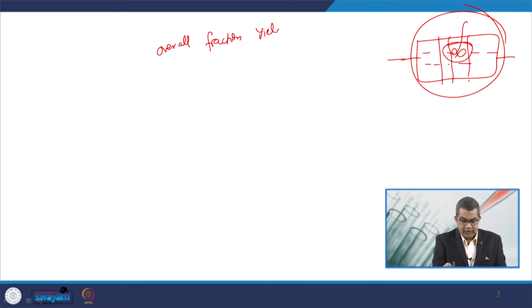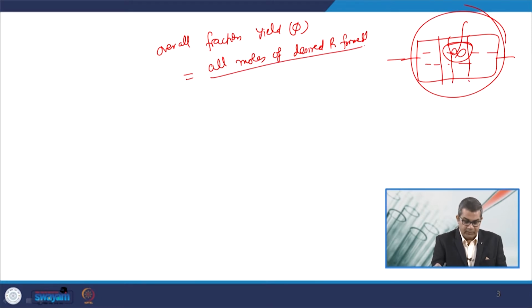overall fraction yield phi is equal to all moles of desired product formed divided by all moles of reactant A reacted.